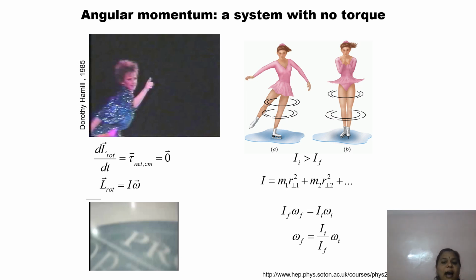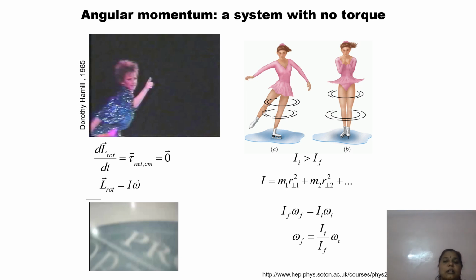Here, I is the moment of inertia, and omega will also be changing before and after the process. So before it is omega I, and after it is omega F. The initial angular momentum is I omega I, and the final angular momentum is I F and omega F. If any of the parameters are known, the unknown parameter can easily be identified using the conservation of angular momentum.